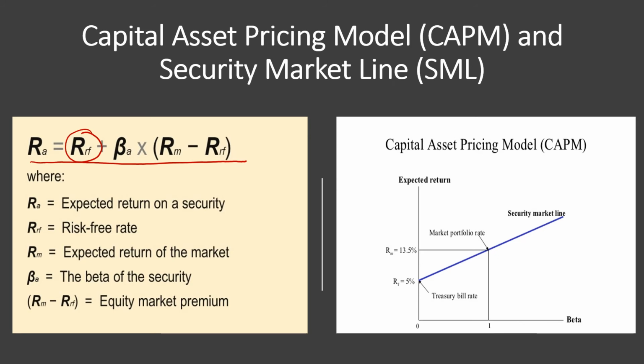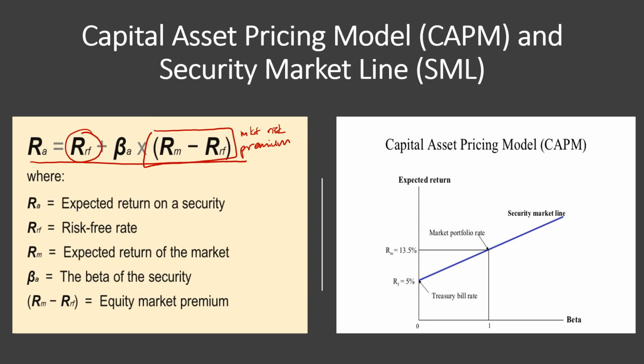The difference between the expected return on the market portfolio and the risk-free rate, on the other hand, is what we call the market risk premium. The market risk premium provides a quantitative measure of the extra return demanded by investors for the increased risk.